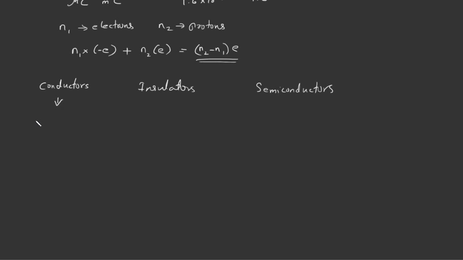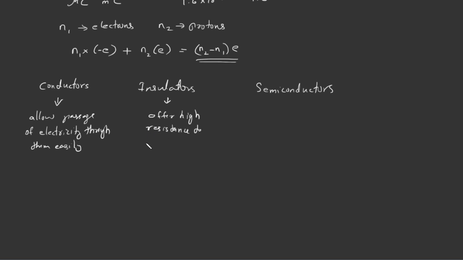Conductors are materials that allow passage of electricity through them easily, but insulators offer high resistance to the passage of electricity.